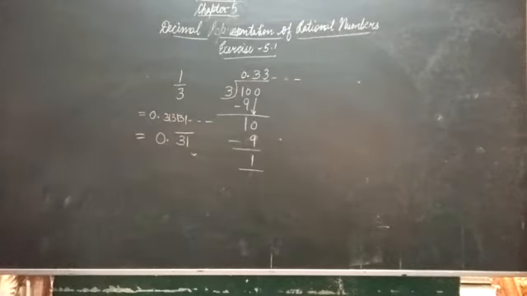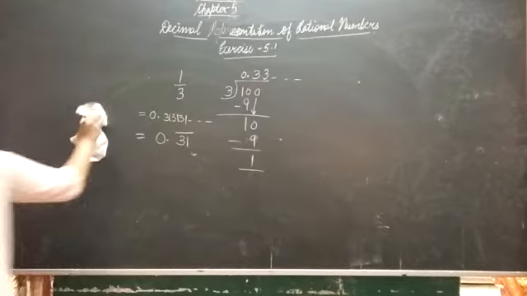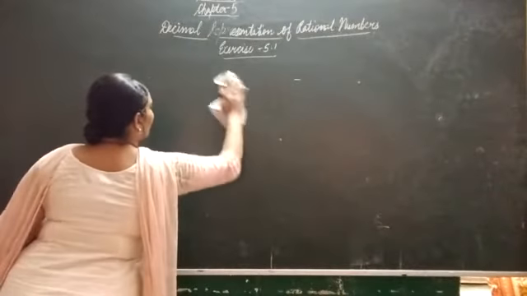Clear? So there are two types of decimals, terminating and non-terminating. Non-terminating decimals are those rational numbers in which the division process never ends, and the decimal digits keep repeating.